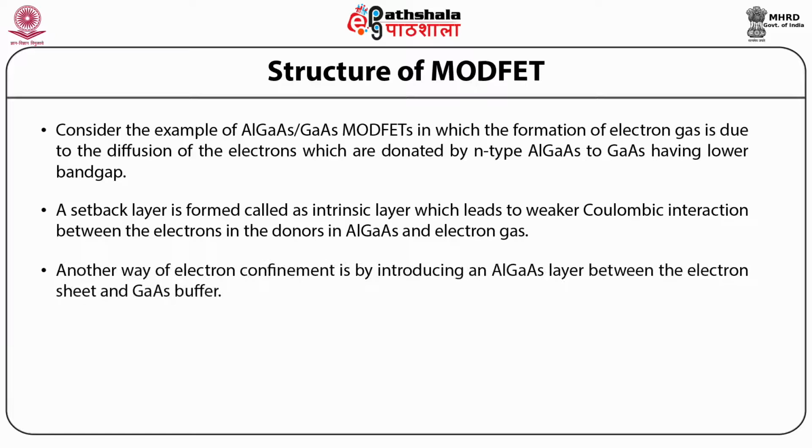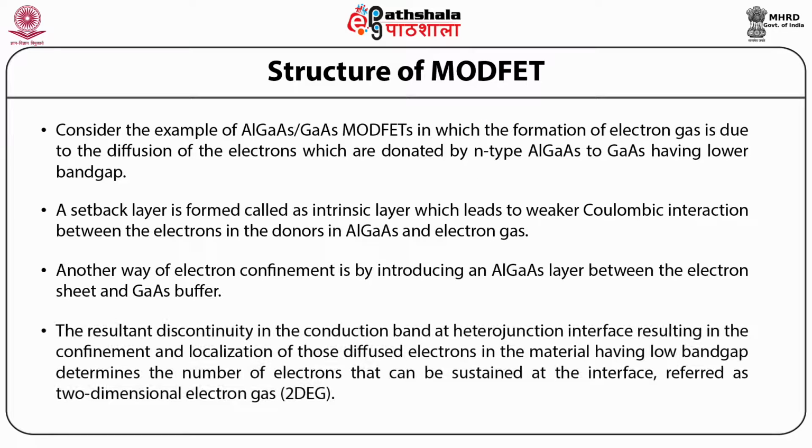Another way of electron confinement from the substrate side is by using an aluminium gallium arsenide layer between the electron sheet and gallium arsenide buffer.